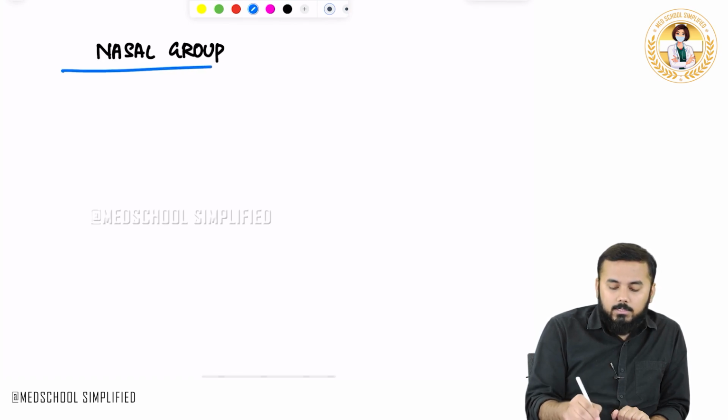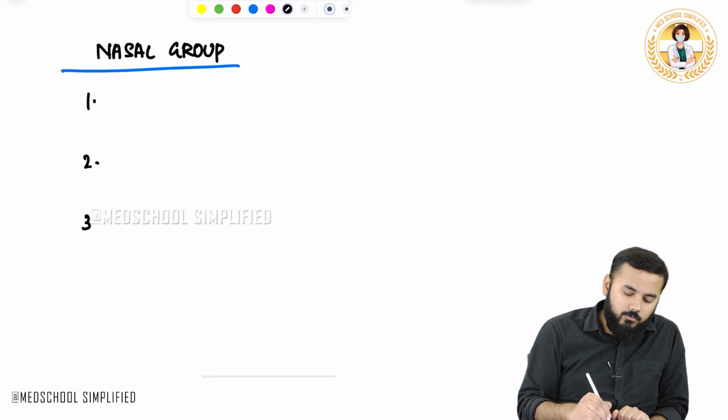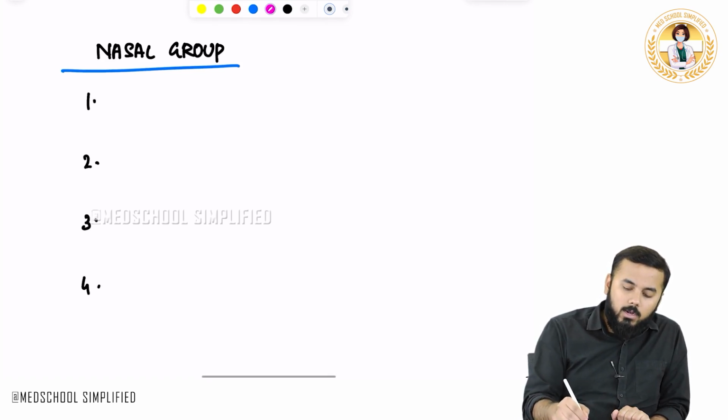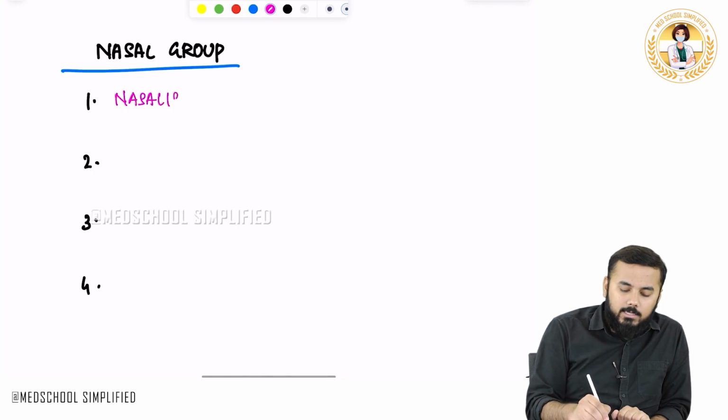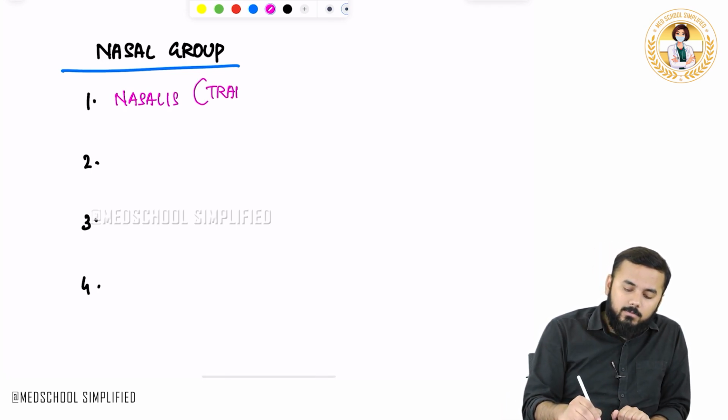Nasal group of muscles. In the nasal group of muscles, we basically have four important muscles. What are these four important muscles? One is called nasalis muscle, the transverse nasalis.